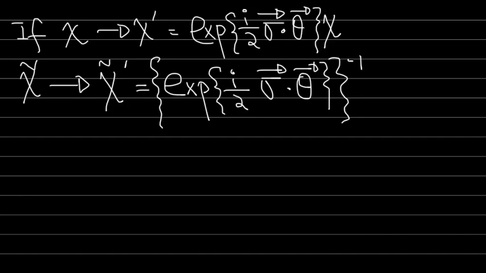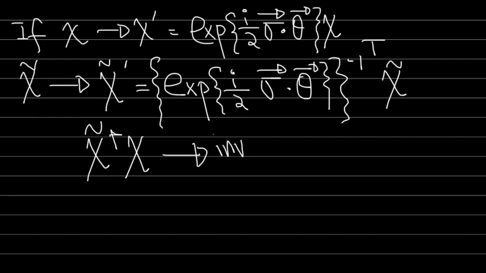So we take the inverse and we take the transpose and we have chi tilde, right? In this case, chi tilde dagger, where dagger is simply you take the complex conjugate and then the transpose. So chi tilde dagger chi is invariant, right?